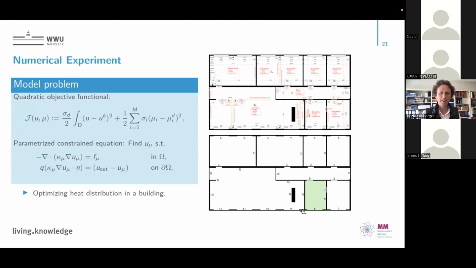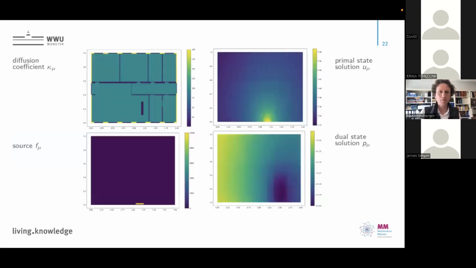And we want to solve this optimization problem in such a way that we get an optimal temperature distribution in this childcare room. And the parameters in the system are, for instance, the strength of the heaters, which are below the windows, and all the wall and window materials, which means that we can adjust the diffusion or the heat conductivity of these materials. So what you see here is the heat conductivity of the materials.